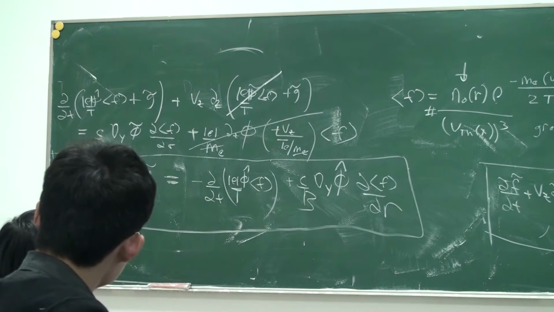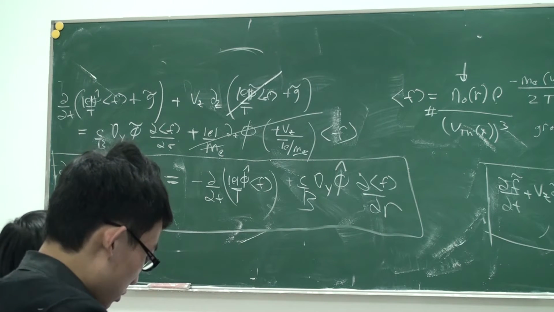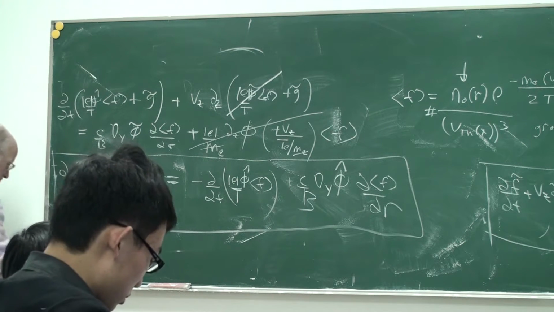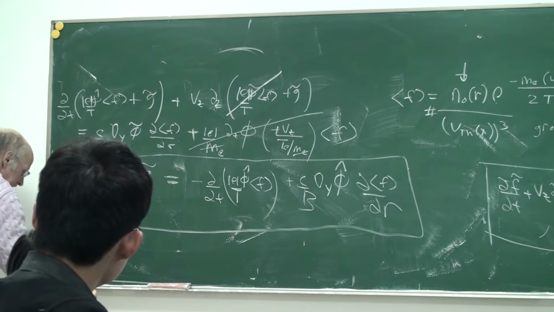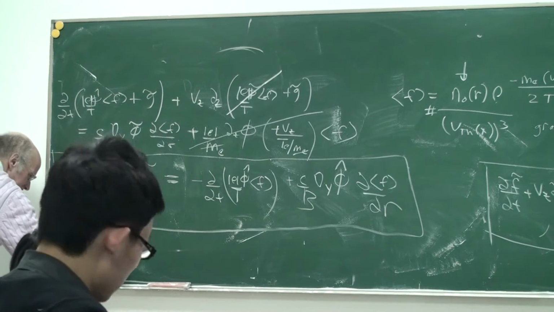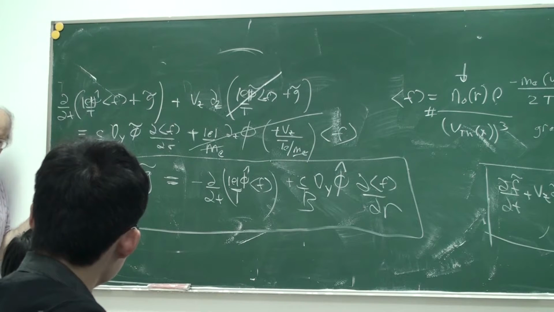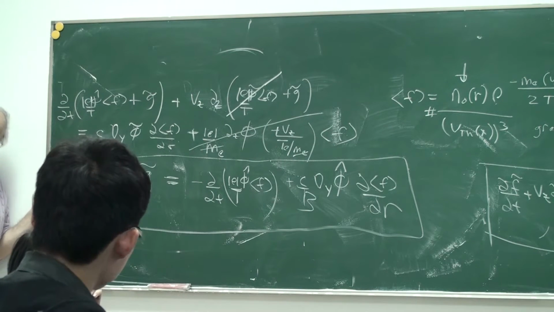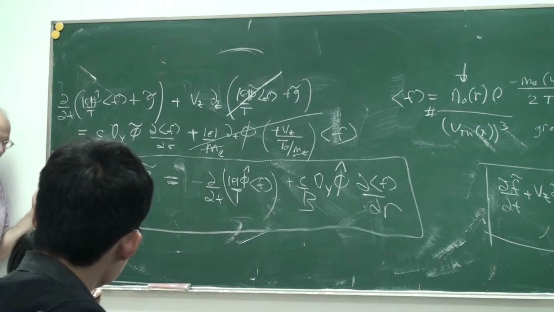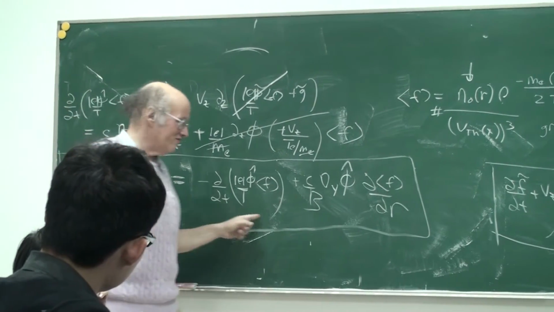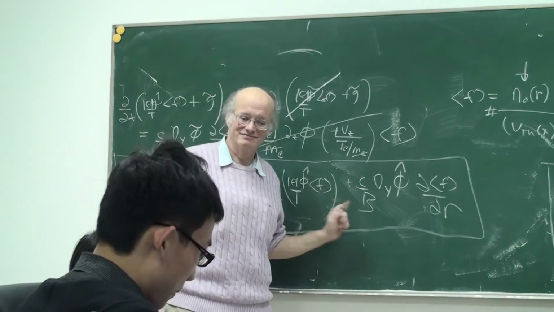It looks like terms in Hasegawa-Wakatani. I mean, this G, remember, integral over velocity of G is just our friend H, right? So this is like the equation for H in Hasegawa-Wakatani, right? So then this thing is really omega minus omega star in disguise.